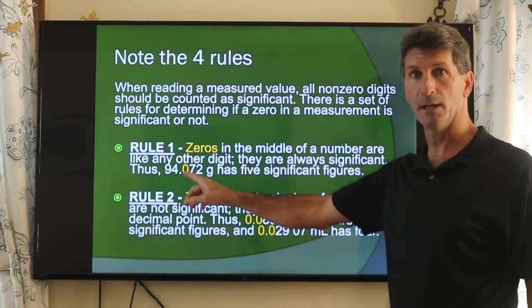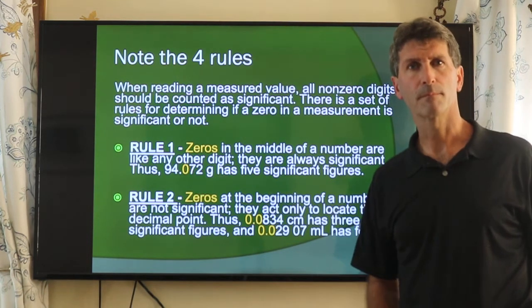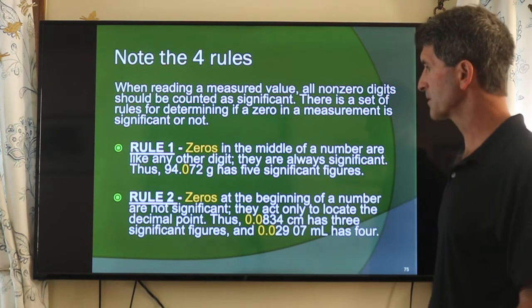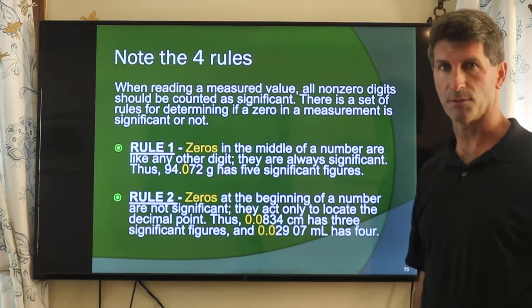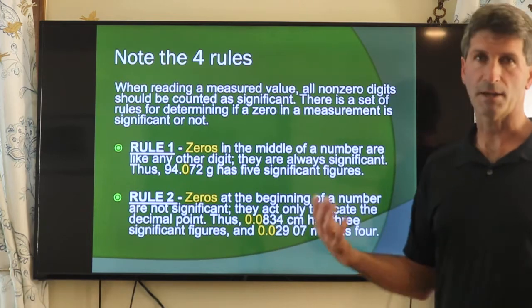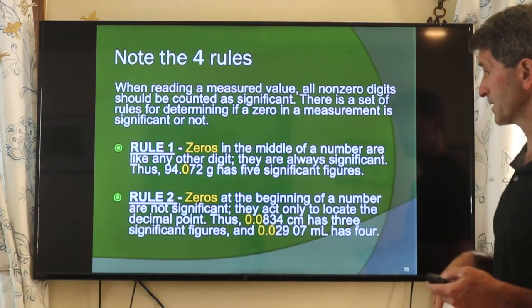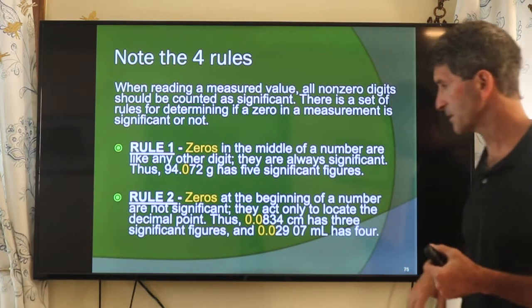So this 0 right here, in the 1/10, because we have even smaller values right there, we're going from the tenths to the hundredths to the thousandths, that's going to be significant. Zeros at the beginning of a number are not significant. They only act as placeholders.